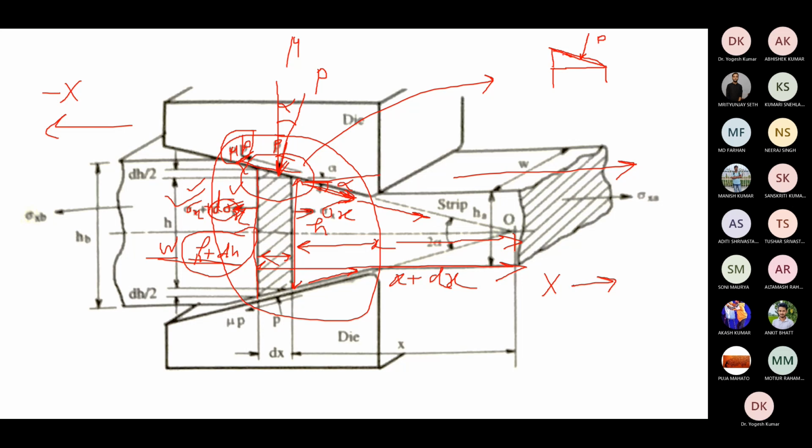Since the opposing force is on this inclined plane, you will require the area of this particular inclined plane. How will we calculate the area? This value is dx, and this angle is alpha. Suppose this is ds. What will be the value of ds? ds will be equal to dx upon cos alpha. Is that clear?